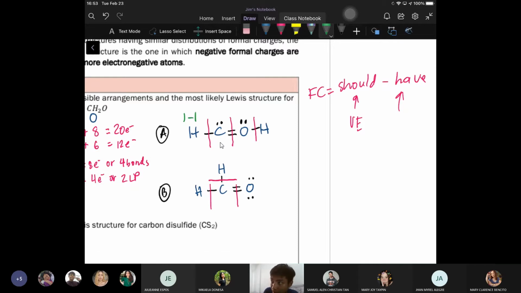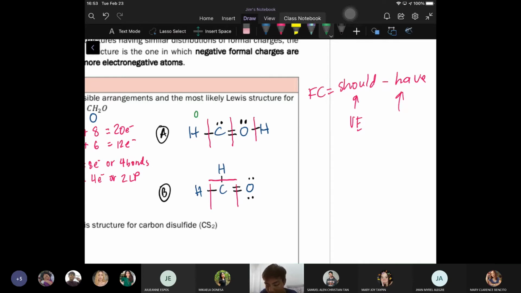Again, remember, hinati natin yung bond. Di ba dalawa electrons diyan? Pag hinati mo yon, yung isa mapupunta dito, yung isa mapupunta sa kabila. So that means isa na lang yung natira kay hydrogen. So that is 1 minus 1. 1 valence electron minus 1 half electron. Okay, so 1 minus 1 is 0. So wala siyang formal charge.